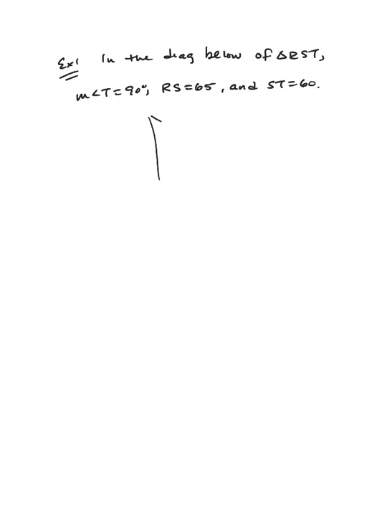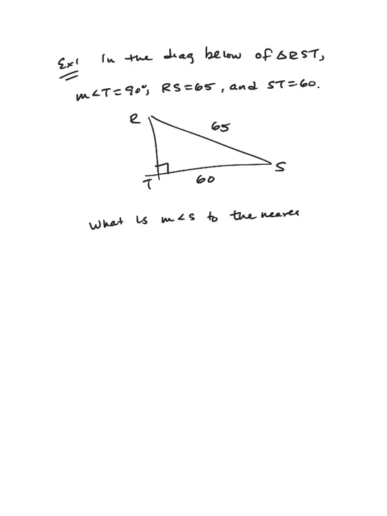Here's your picture. Sometimes they give it to you, sometimes they don't. This is 65, this is 60, and we are looking to find the measure of angle S. What is the measure of angle S to the nearest degree?